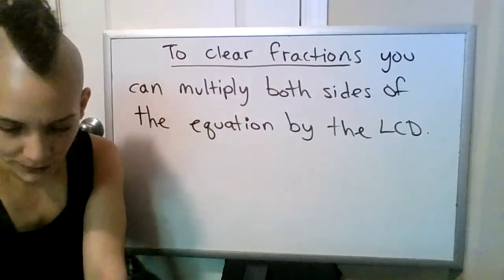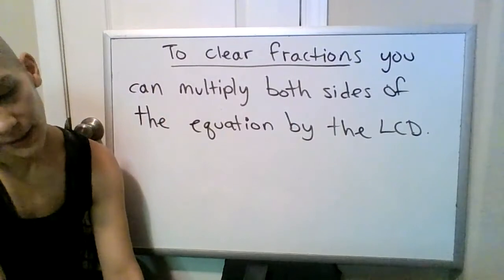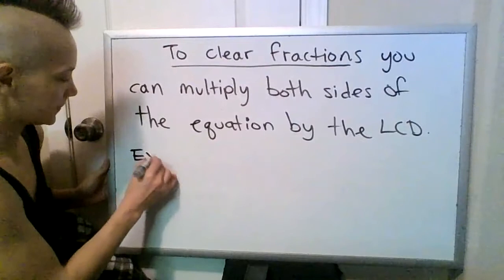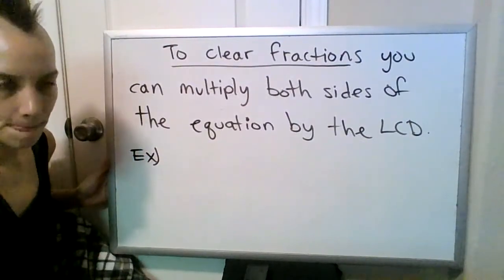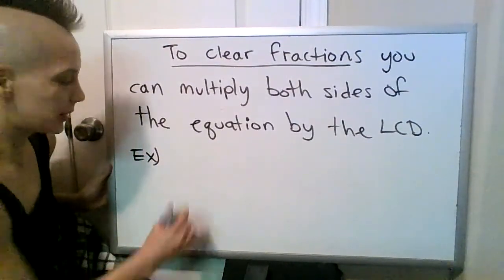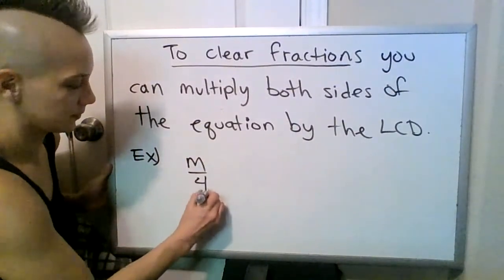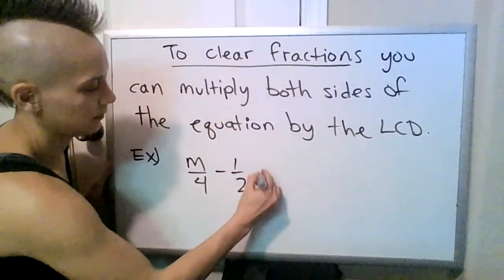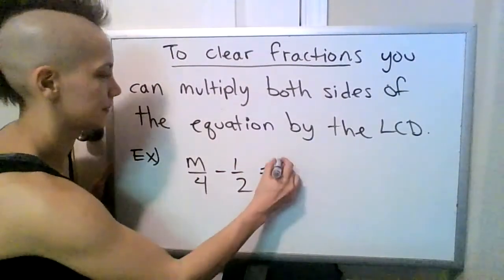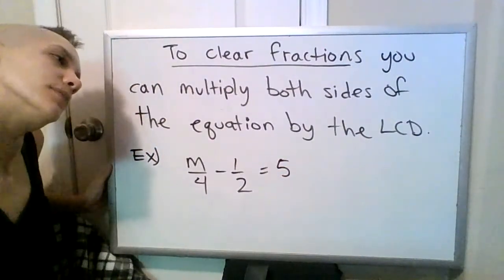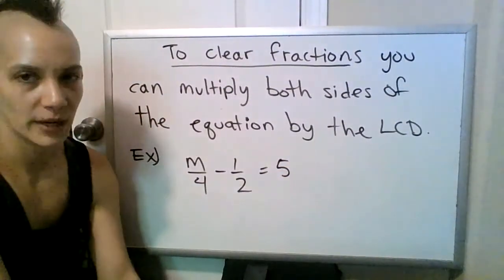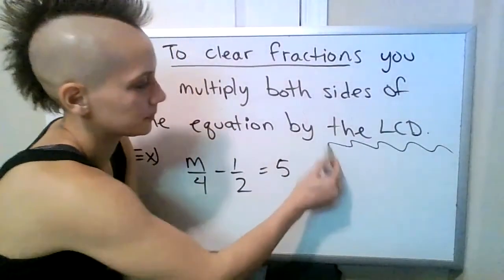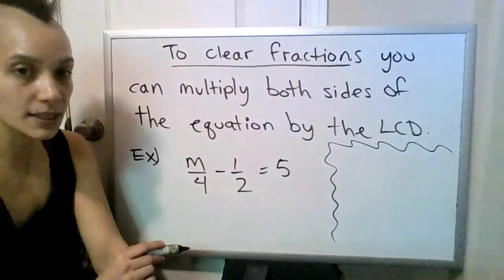So let's do this one. Has a variable of m. So m over 4 minus 1/2 equal to 5. So the fractions aren't too bad, but just for practice, we're going on the side and doing some scratch work to get the LCD.